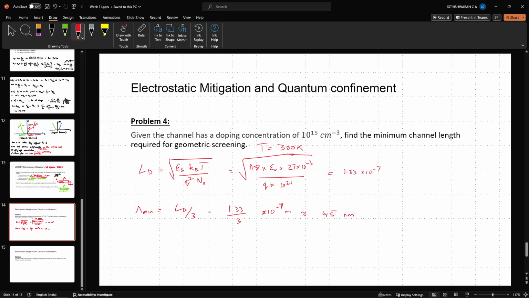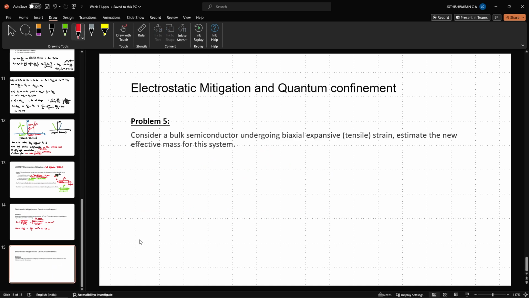Even at 10 to the power 16 donor or acceptor atoms per cubic centimeter, the present channel lengths account for geometric screening. Okay. So the final example that we shall consider today is for quantum confinement.